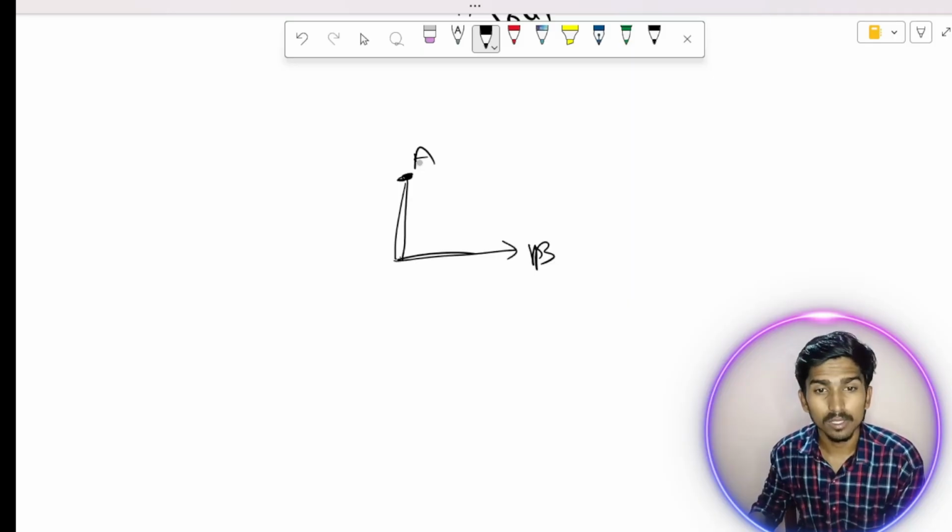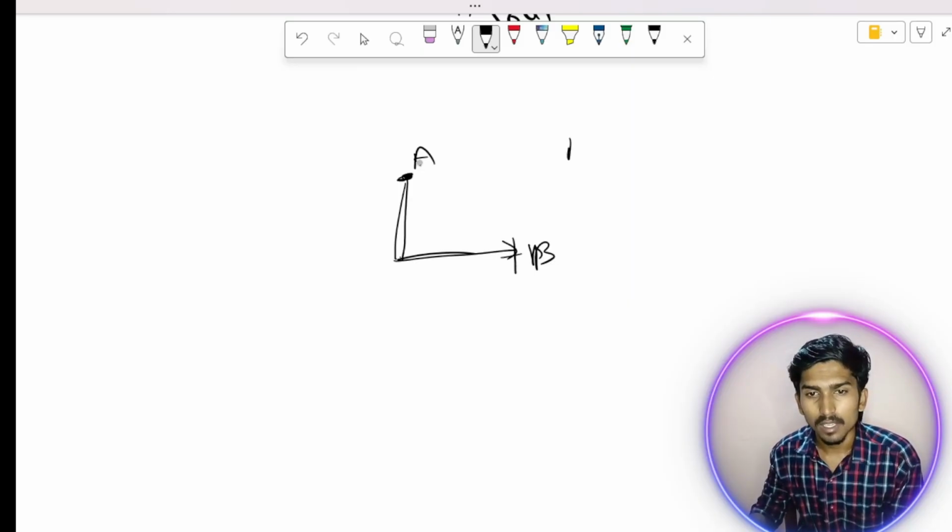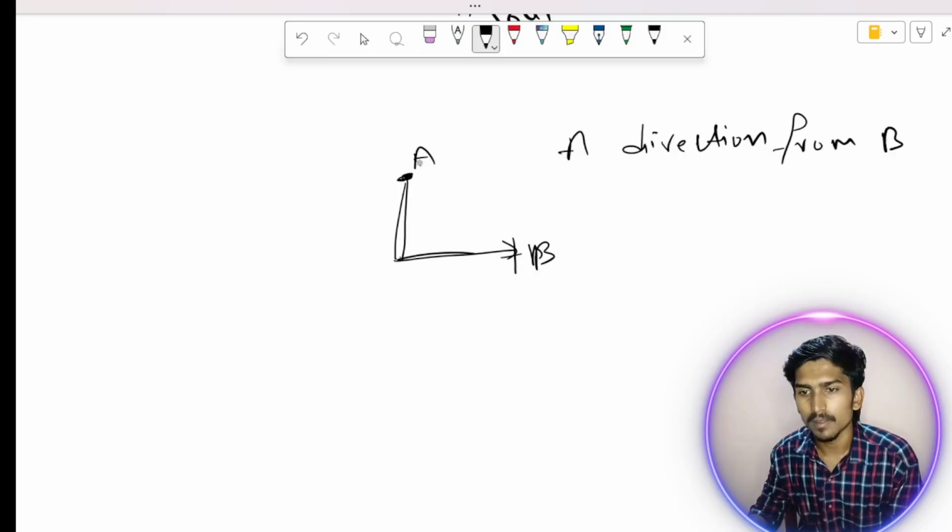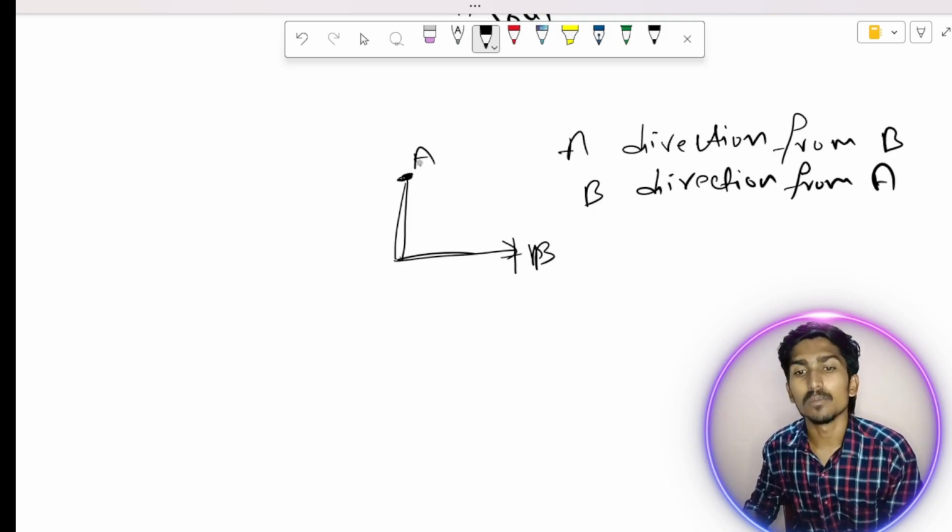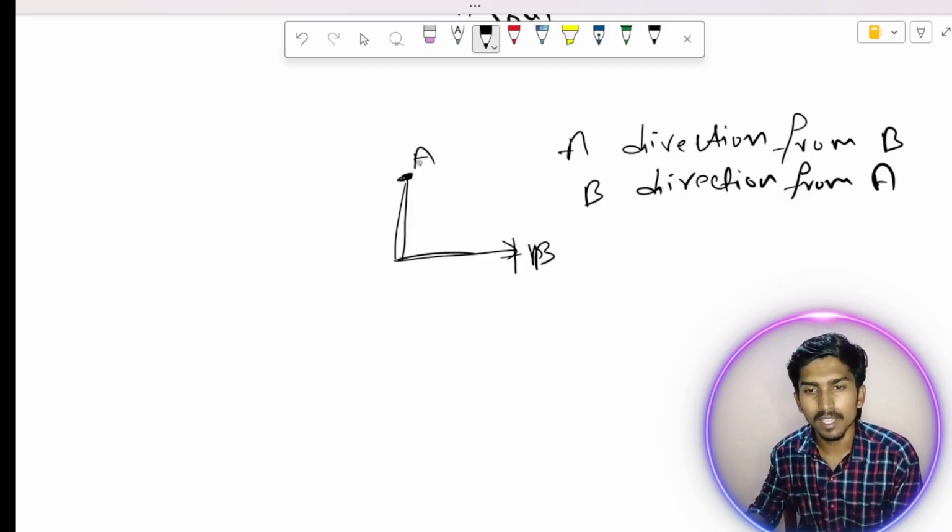They will ask the question, what is the direction of A from B? A's direction from B and B's direction from A, these both vary. The answer varies. For example, the direction of A from B: the very important thing here is the reference point, from where they are asking. From B, what is the direction of A?